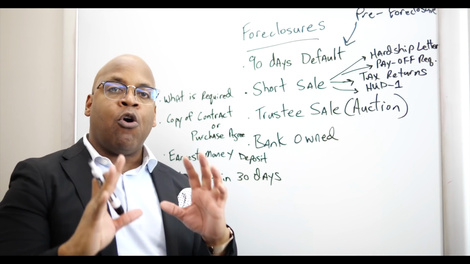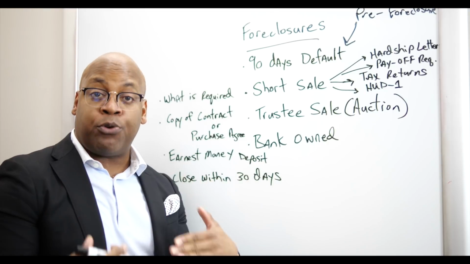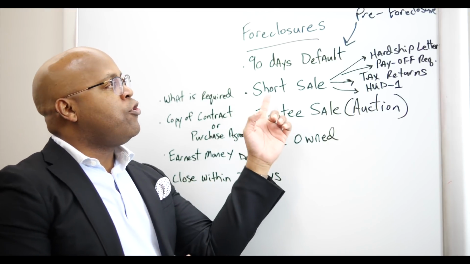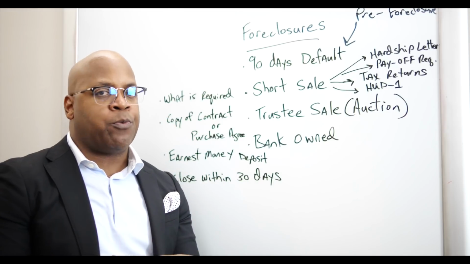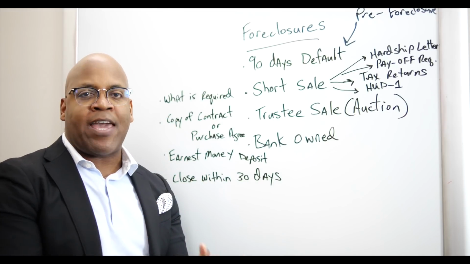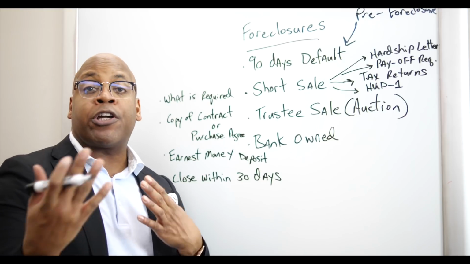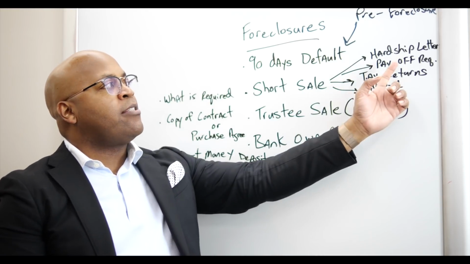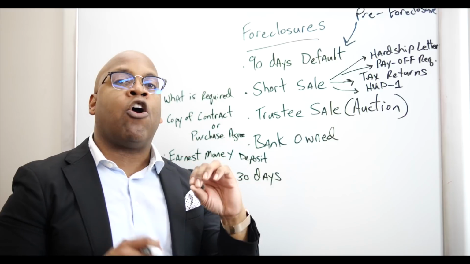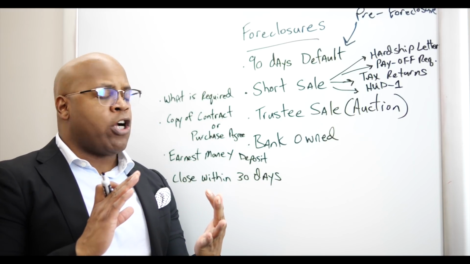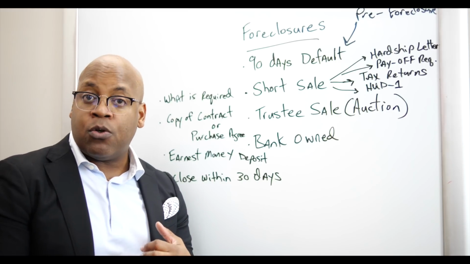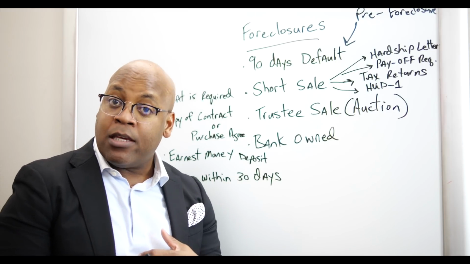Now, in order to get a short sale approved, you're going to need your homeowner or the client that you're working with, whether it's a client, a family member, or a friend of yours, or it could be yourself, to submit a hardship letter. That hardship letter can be a financial hardship, a medical hardship, or a death, right?